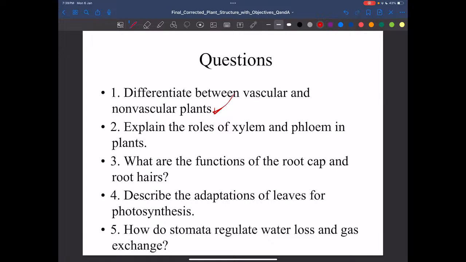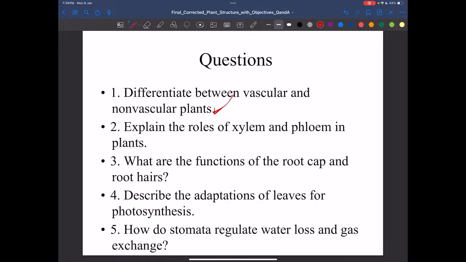While what was the function of the root cap? Think about the name. It's a root cap, so it's a cap. So what's it doing? So since it's a cap, it's basically just protecting the root tip. Okay?